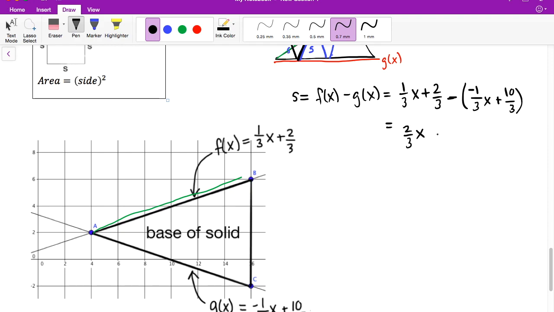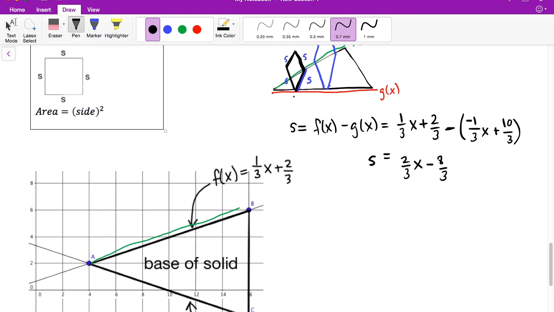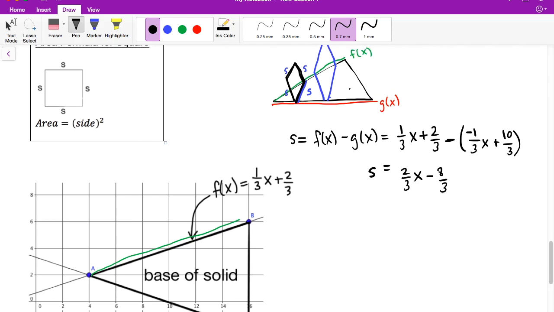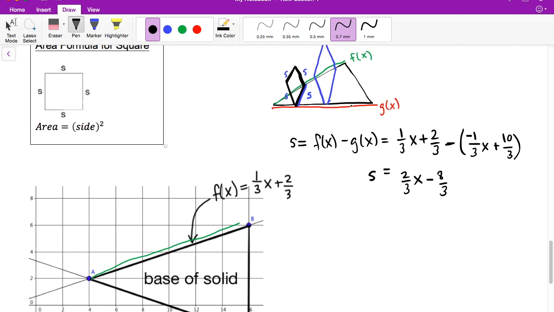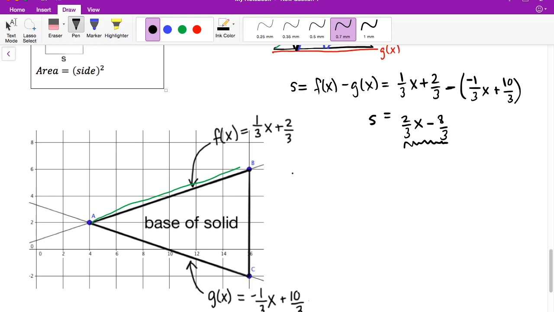And this simplifies to 2/3 x minus 8/3. So this will always be the side length, no matter what x value I choose. If I plug the x value in here, that automatically gives me the side length of that square cross section. So this is the expression that gives us a side length at any given x value.